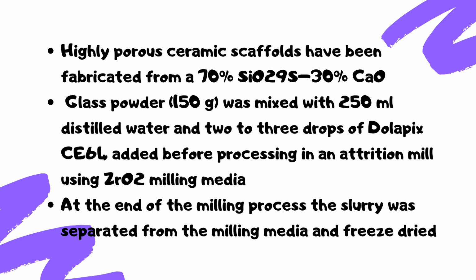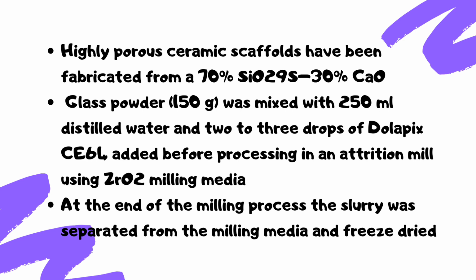Glass powder, 150 grams, was mixed with 250 ml distilled water and 2 to 3 drops of Dolapix CE64 added before processing in an extrusion mill using zirconium dioxide milling media. At the end of the milling process, the slurry was separated from the milling media and freeze-dried. The freeze-dried powder had a mean particle size of 3.2 micrometers measured by light scattering.